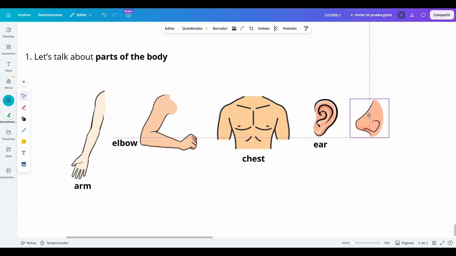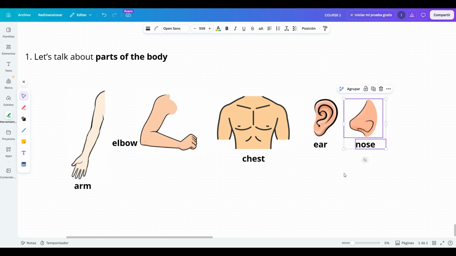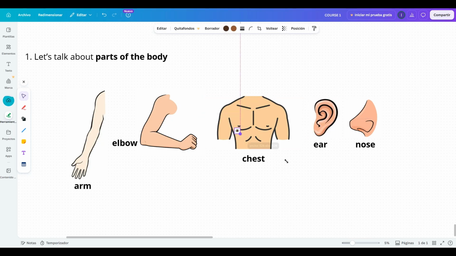Okay. Now we've got a nose. Yes, it's a nose. It's also small parts of the face, or small parts of the head. Next, please. I can see an eye. Okay. This is an eye.